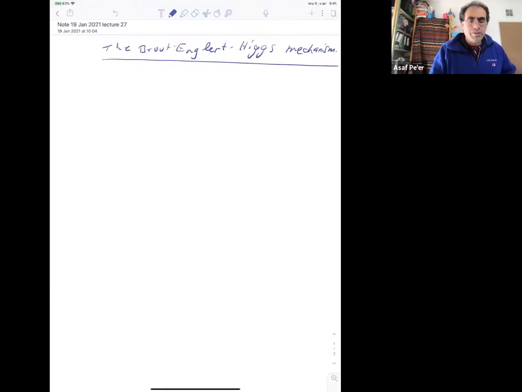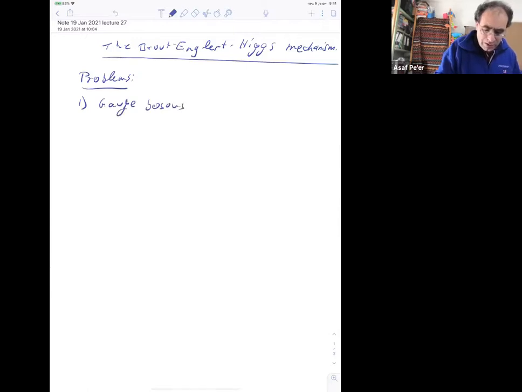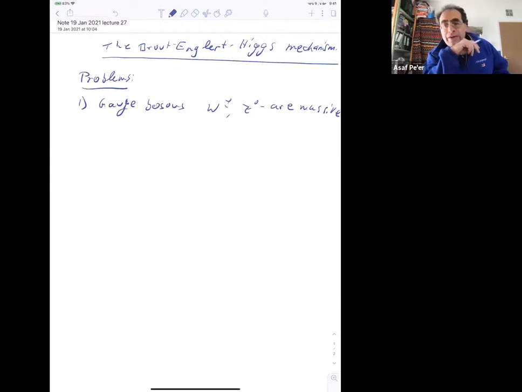So there are two problems that we're trying to solve, right? The first is that the gauge bosons, the W plus minus and the Z are massive. And if we try to give them mass, this automatically breaks the local gauge symmetry.